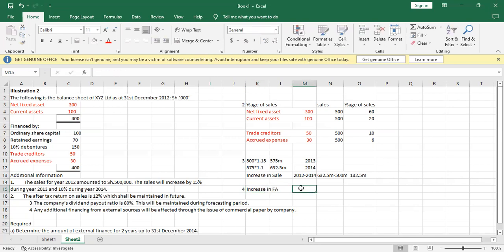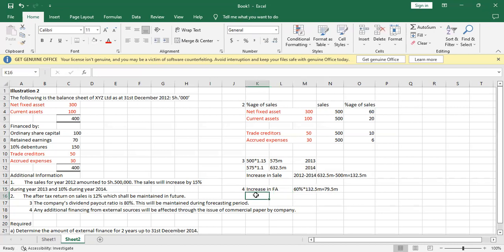The fixed asset was 60%, so 60% multiplied by 132.5 million to get the spontaneous capital that I need. That will give me 79.5.